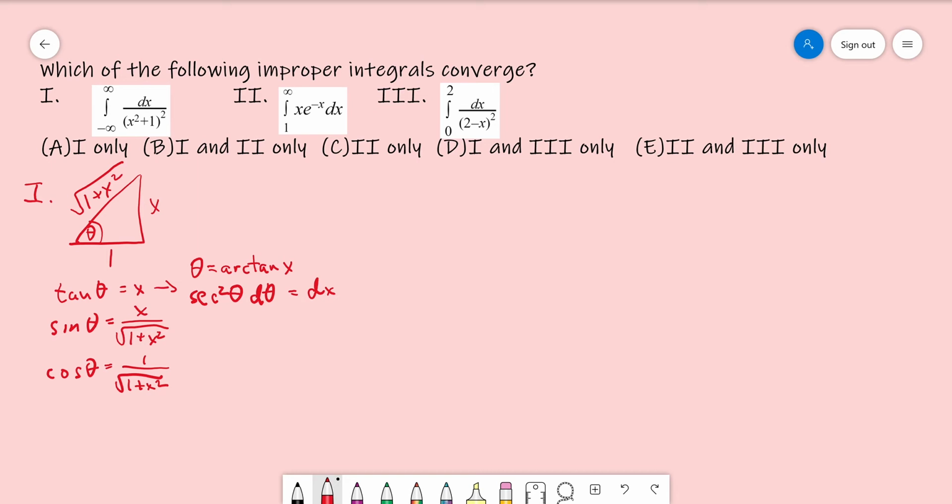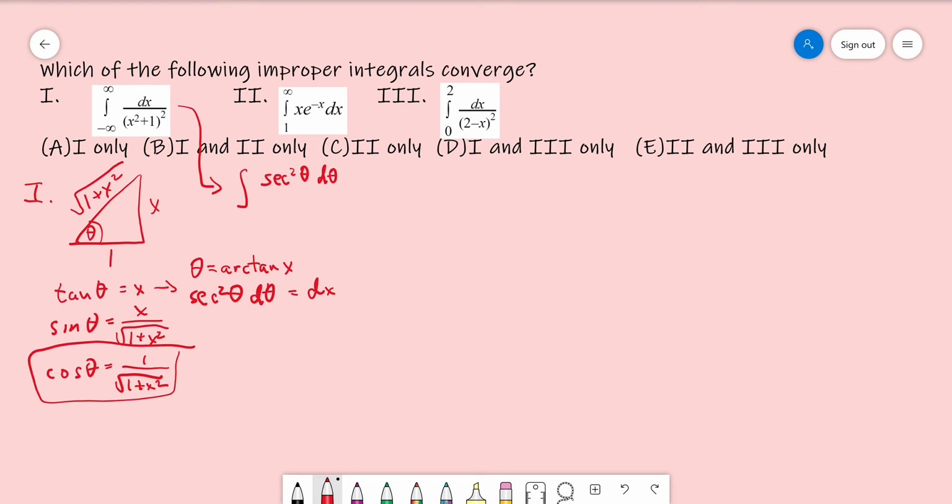Okay, so now we can make some substitutions into our integral, and we can rewrite this integral as the integral, and I'll fill in the limits a little bit later. Instead of dx, we're going to write secant squared theta d theta, and instead of x squared plus 1, we're going to write, well, actually 1 over the square root of x squared plus 1 is cosine theta.